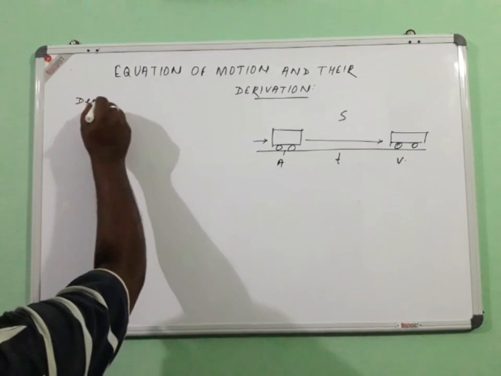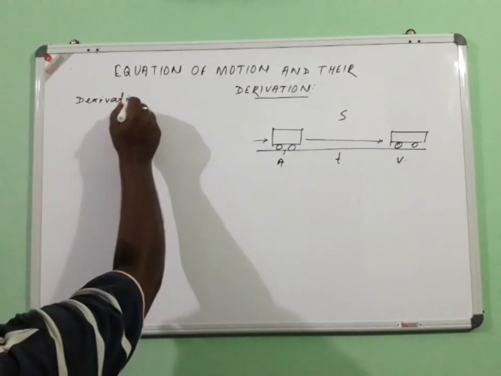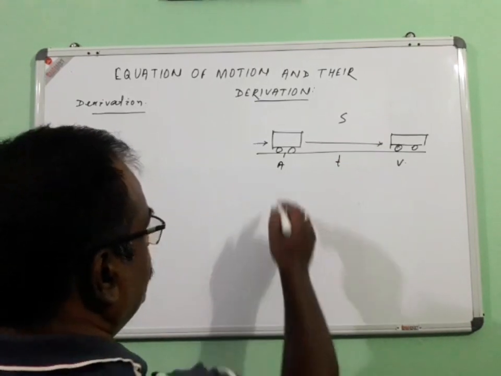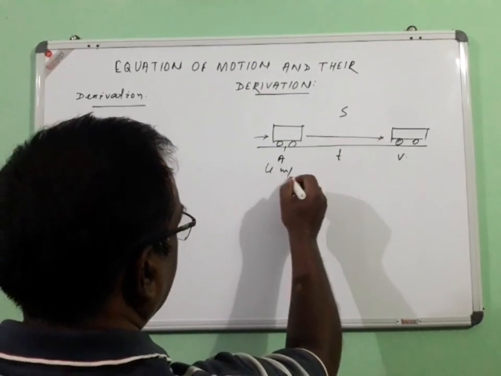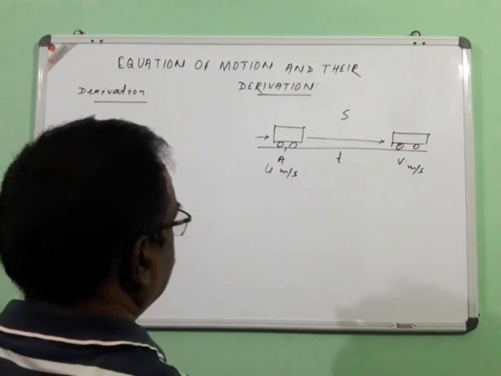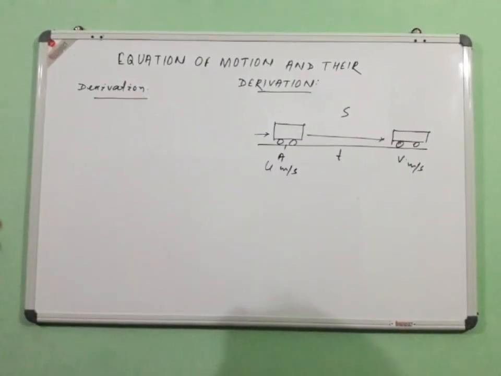Derivation of the first equation. Consider that the body moves with u meters per second and reaches B with final velocity v meters per second, where v is greater than u.